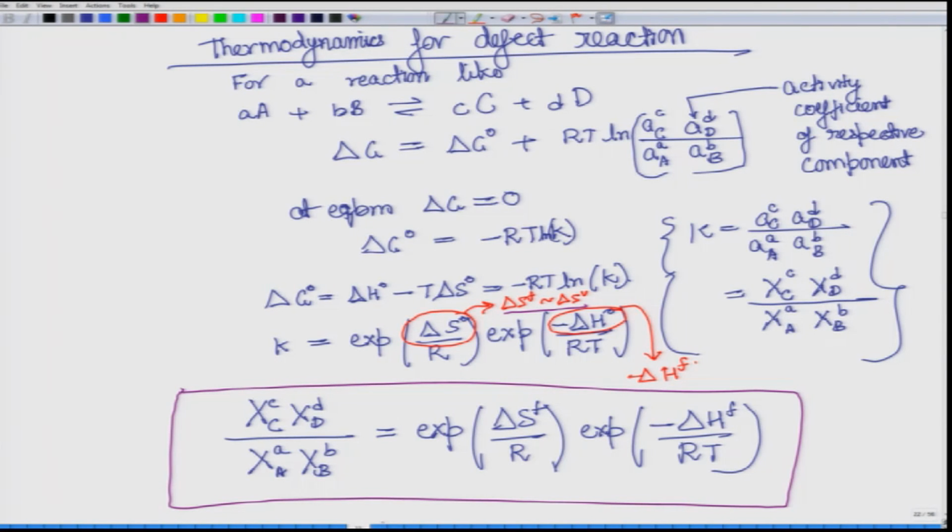Okay, so now let us apply this knowledge to some of the reactions that we just talked about. Let us revisit the Schottky defect. How did we write the Schottky defect reaction? We wrote it something like this.